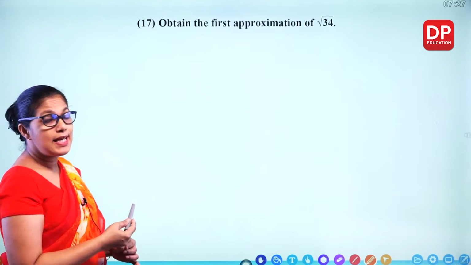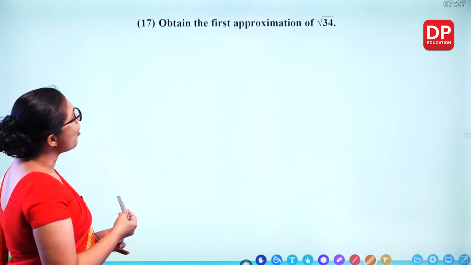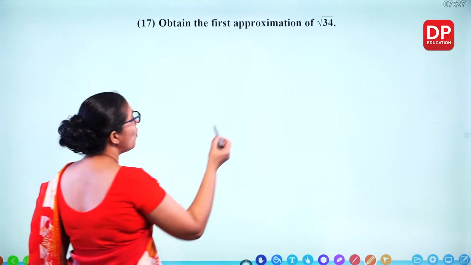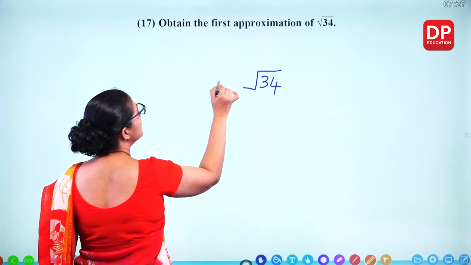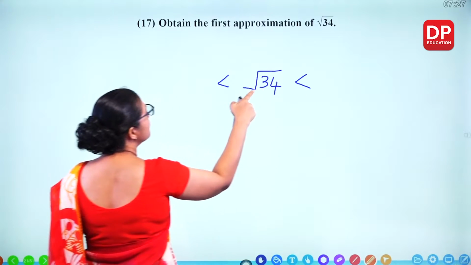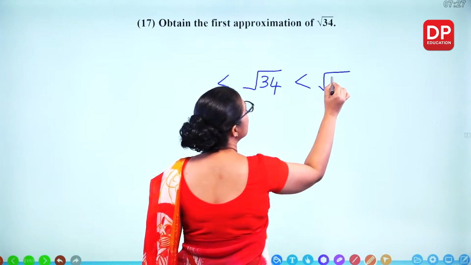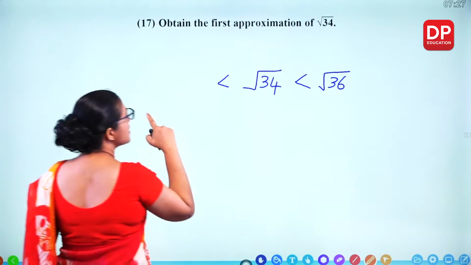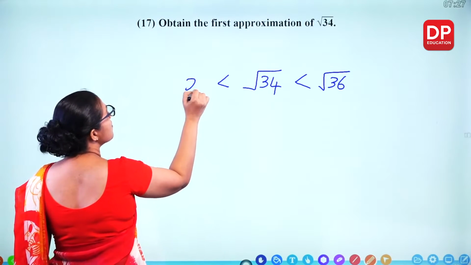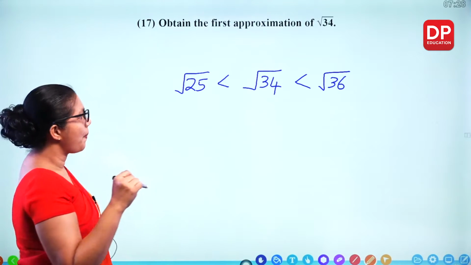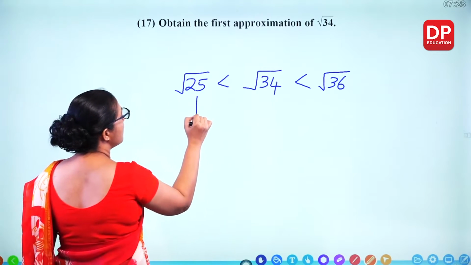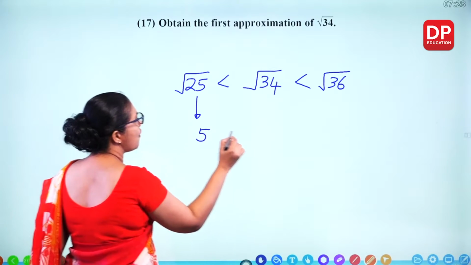Question number 17. Obtain the first approximation of root 34. What are the closest whole numbers? Square root of 36, and 5 times 5 is 25, so square root of 25 is 5.